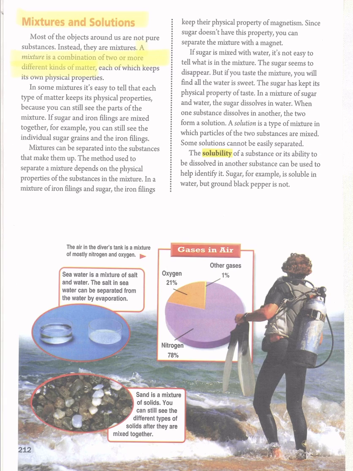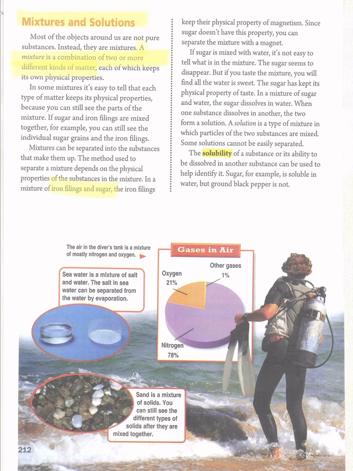It's made up of two or more different kinds of matter, and we can easily separate them from each other. Another example for mixture: if you have sugar and iron filings and you mix them, you can easily separate the iron filings and sugar from each other by what?